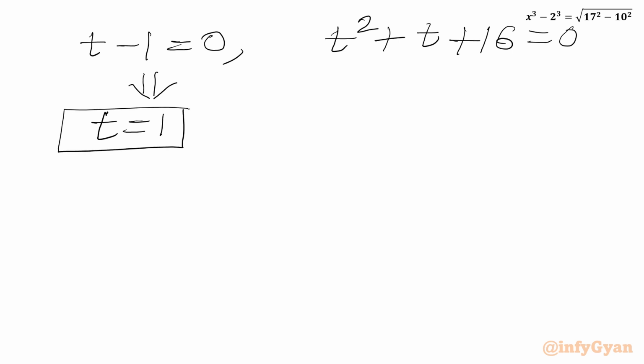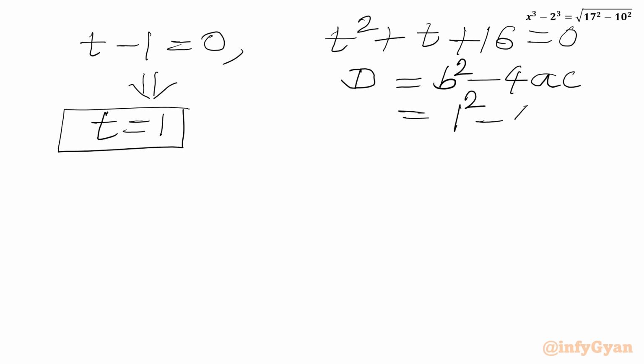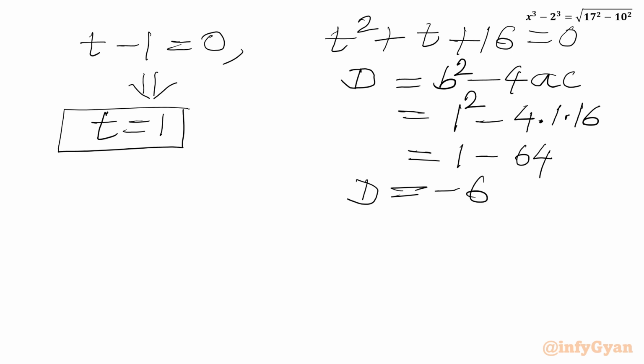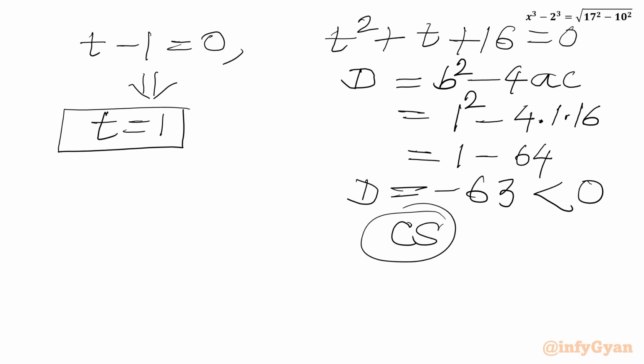And from this quadratic equation we can check the discriminant first. b square minus 4ac. b is 1, so 1 square minus 4 times a is 1, c is 16. 1 minus 64. So our discriminant is coming out negative. We will get complex solutions. So this quadratic will be rejected as we are looking for real solutions.